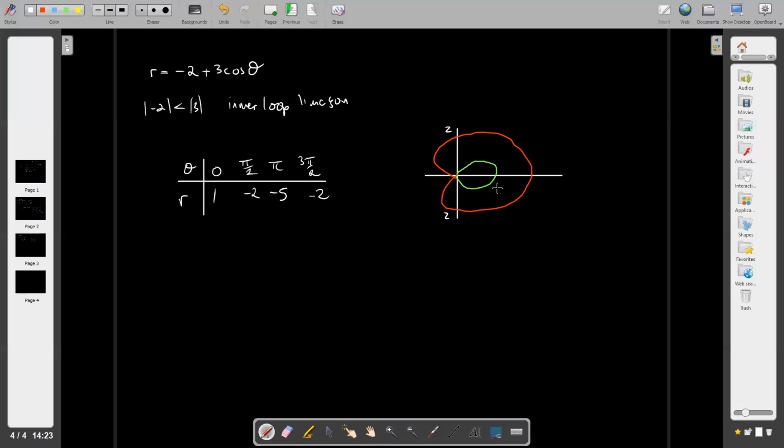This would be 1 and 5. Strictly speaking, what's happening here is that when it gets to pi, as it's rotated to here, it measures it backwards, or strictly speaking, adds on a pi and plots it. So those are the inner loop limacons.